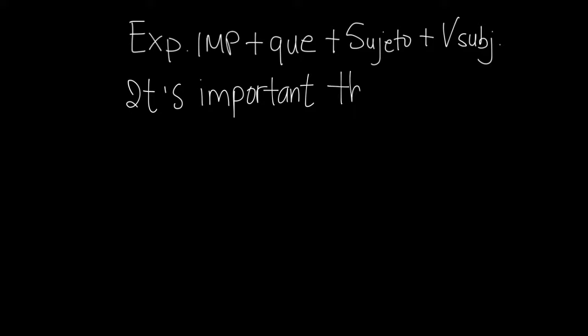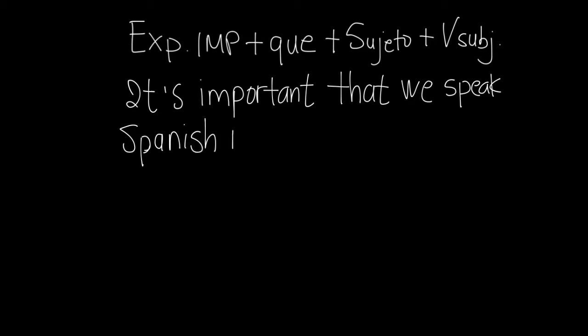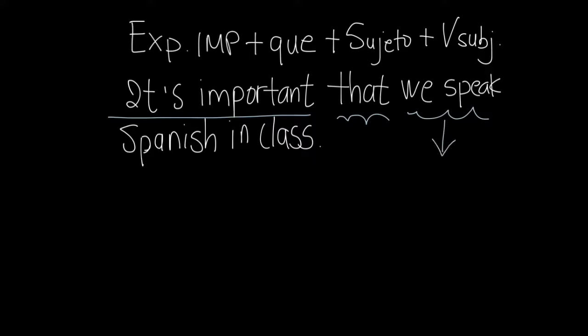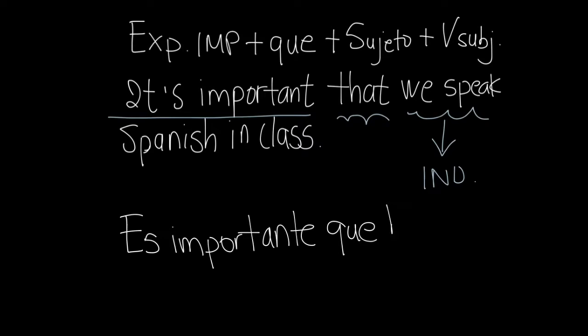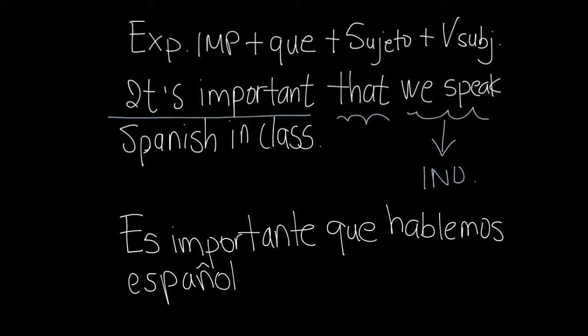So for instance, if in English I want to say, it's important that we speak Spanish in class, I have my impersonal expression, it's important, that, but notice that in English I use the present indicative, we speak, while in Spanish the equivalent will be, es importante que hablemos español en clase.